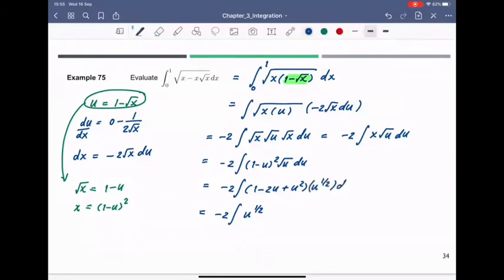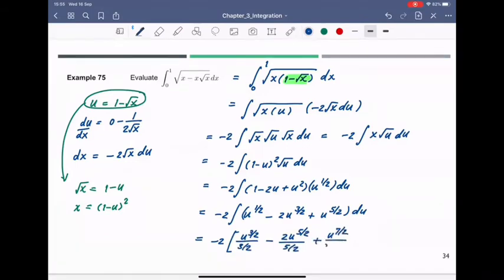So I'm going to get u to the 1/2 minus 2 times u to the 3 over 2 plus u to the 5 over 2, right? And then after that you integrate, so you're going to get u to the 3 over 2 over 3 over 2, and then minus u to the 5 over 2 over 5 over 2, and then plus u to the 7 over 2 over 7 over 2, and then you evaluate at something.